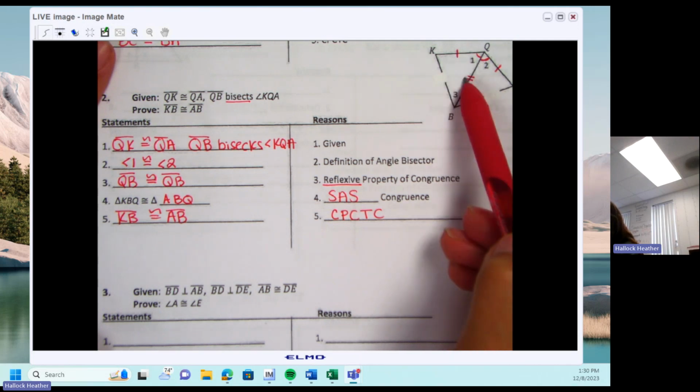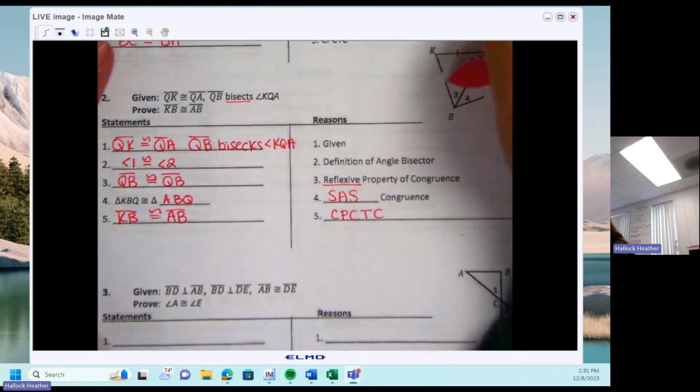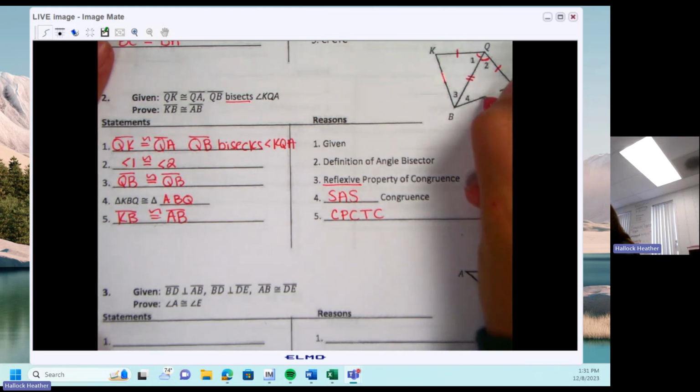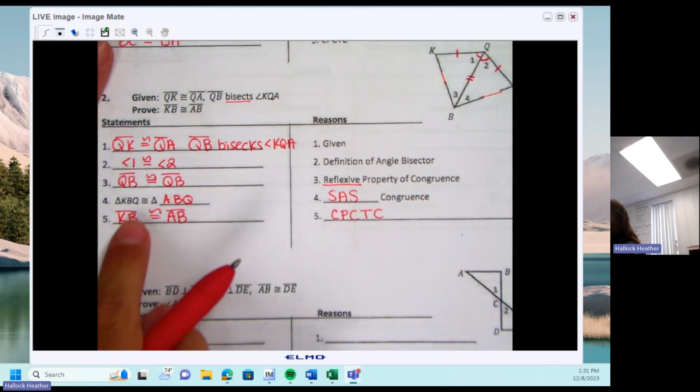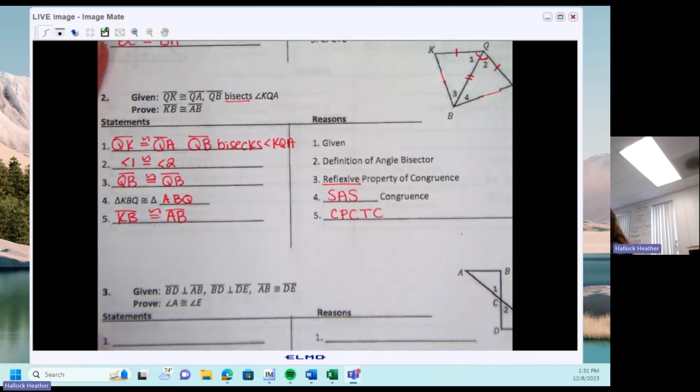So I can only use the sides at that point. I would not add in this information until the very end. Be careful with that, because yes, you're trying to prove that, but I would not use that until the last step. You probably already had those marked because you knew that they were congruent, because that's what you were trying to prove. So don't do that until then.